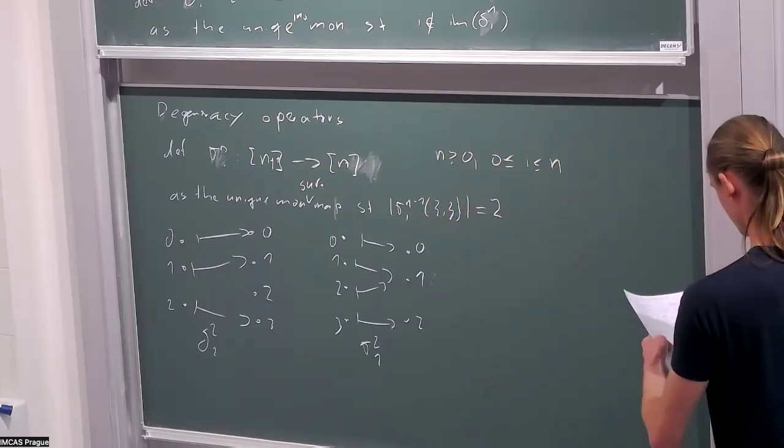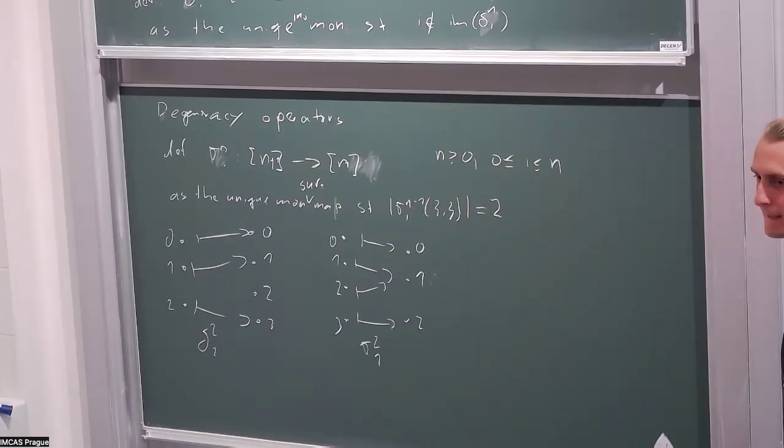The delta_i creates an extra point at the i spot, and the sigma removes the i points, I guess. So if you think about it, it's not so difficult, but it's not so easy to write down precisely.